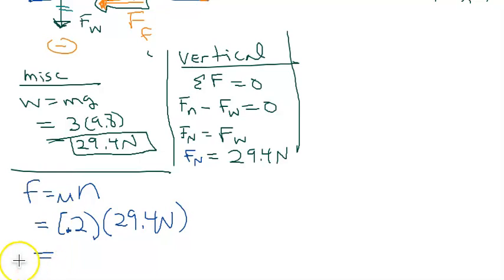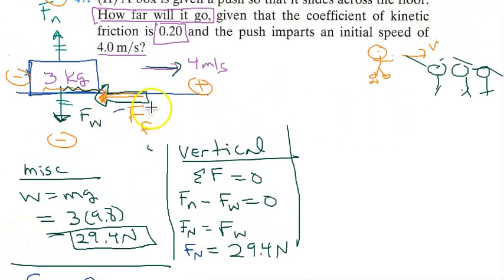So friction is 0.2 times 29.4. So there is 5.88 newtons of friction. So we now know this is 5.88. That's not a minus sign, that's just a random mark.